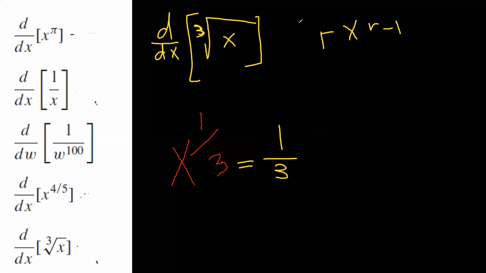So 1/3 x, and what is n here, or r? It is 1/3 minus 1. Continue now. It will be 1/3 x to the power 1/3 minus 3/3, which should be negative 2/3.